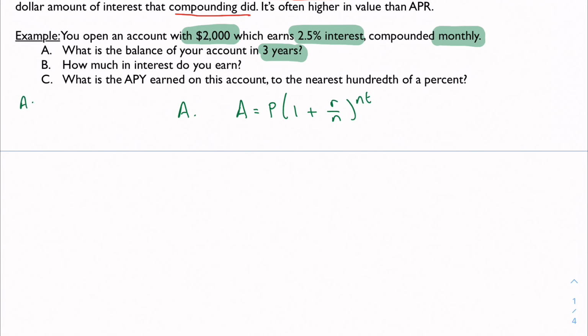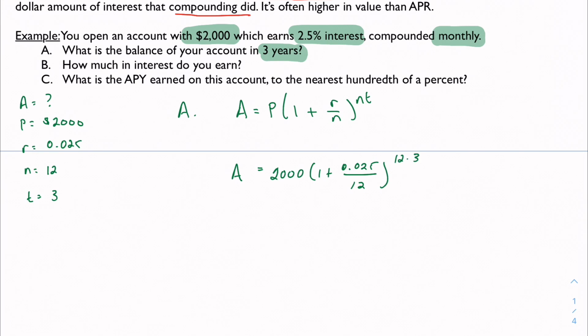And let's get in the habit of isolating all our important information here. We don't know our account balance, but we know we're starting with $2,000, 2.5% interest, compounded monthly after 3 years. If you don't know where I just got those values from, go back and rewatch the first video. All right, well, this is just plug in and simplify.